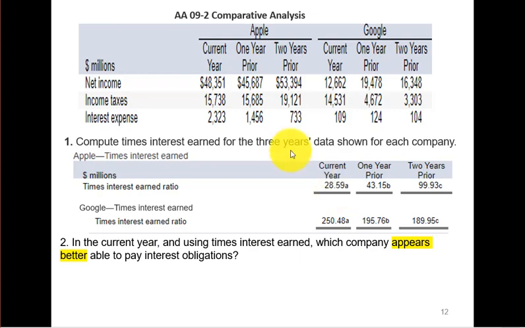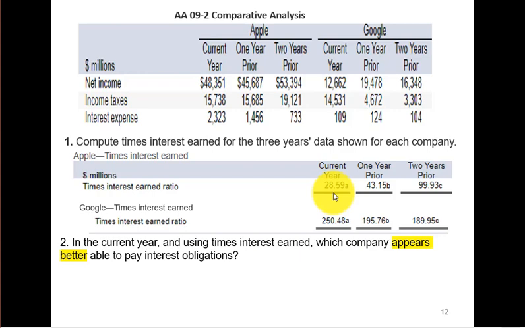So let me repeat that. I took net income, added back taxes and interest expense, and then divided it by the interest expense and got 28.59. Now let me make sure that's right, because I don't want to tell you something wrong.